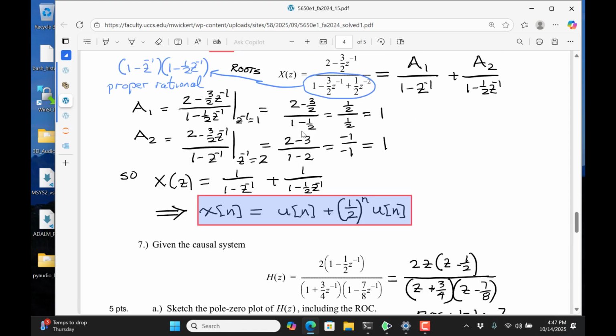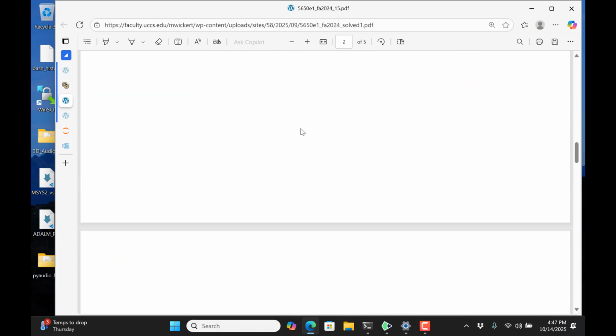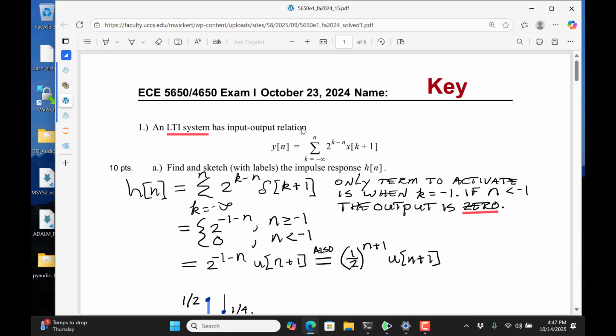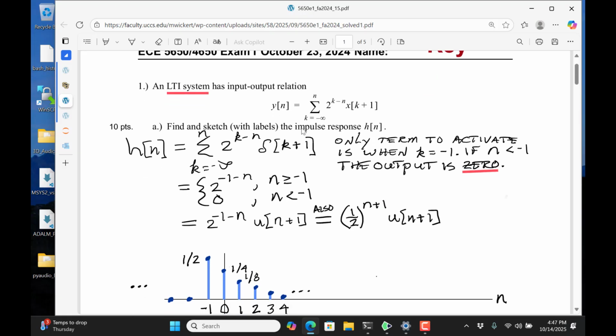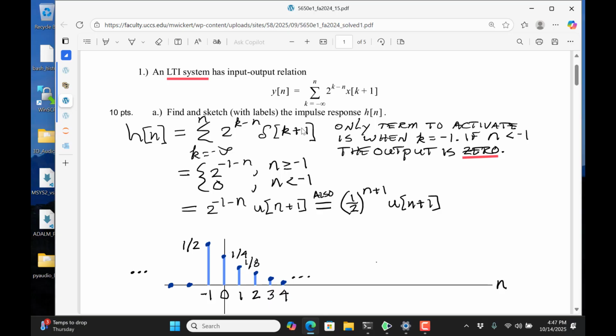First problem, when you plot it, at -1 you have 1/2, and should that be 1, or is there a reason that is 1/2? Let me just look at this. 2 to the -1 minus n for n greater than or equal to -1. And then I think I tried to simplify it, but maybe I didn't do it right.